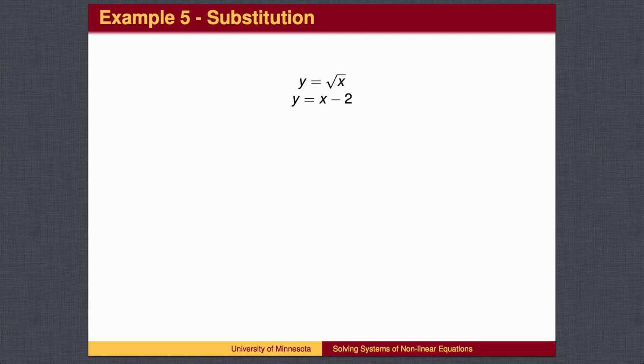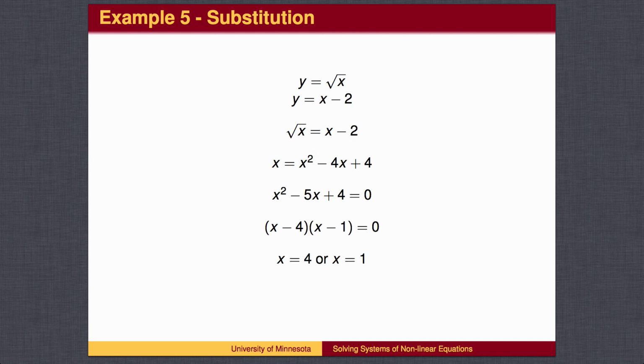Finally, we should verify that our answers really fit both equations. Occasionally in the solving process, we do something like squaring both sides that introduces incorrect solutions. This example is the top half of a parabola pointed to the right with a line. You may wish to draw a sketch to see that the graphs will intersect only once. We can substitute, square both sides, get one side equal to 0, factor, and solve for x.